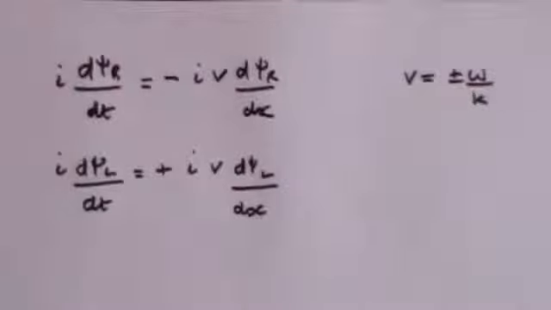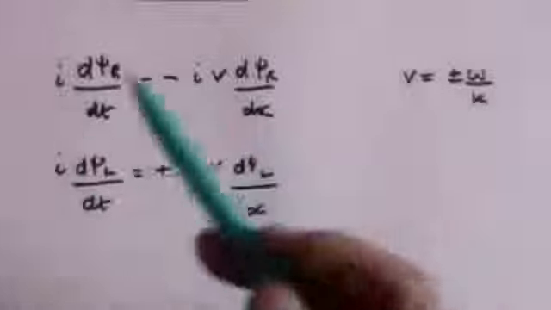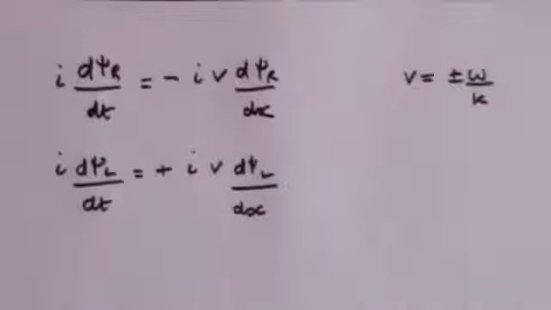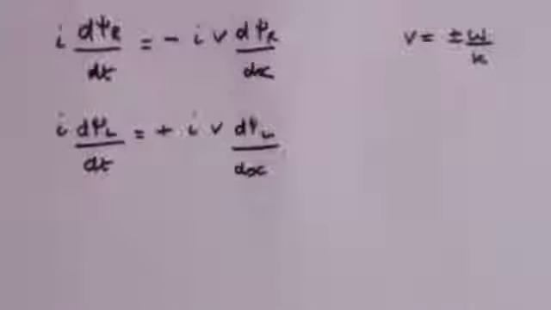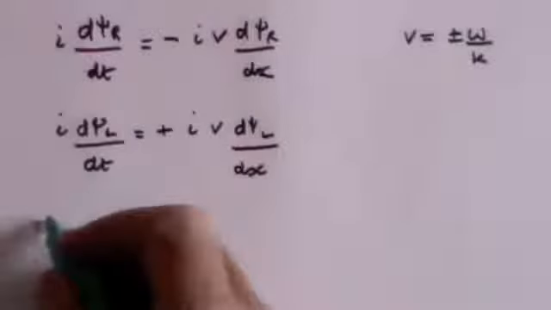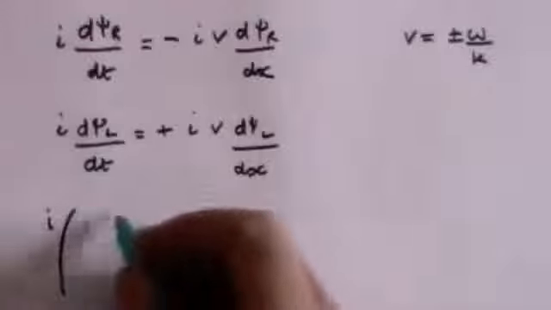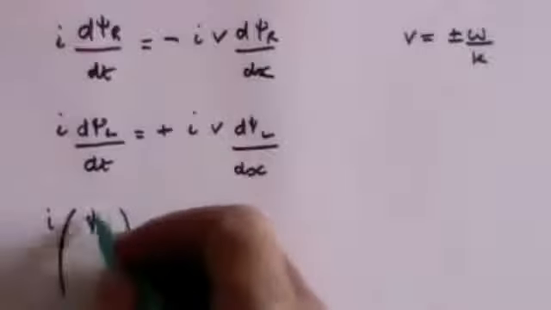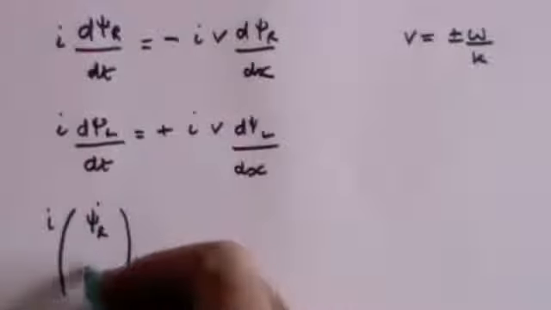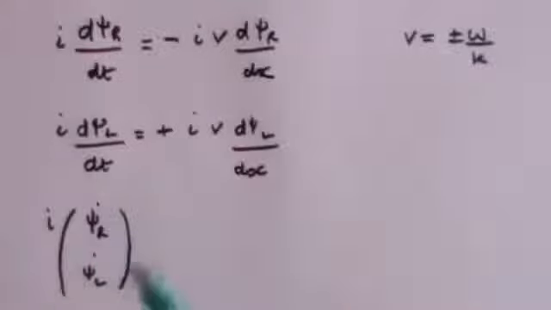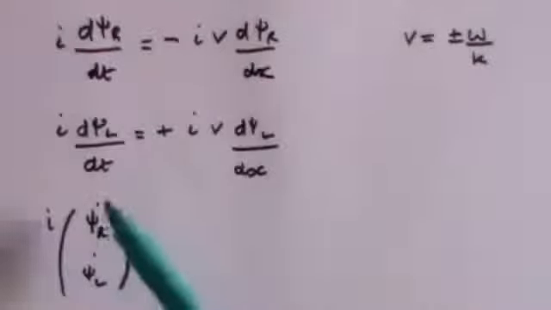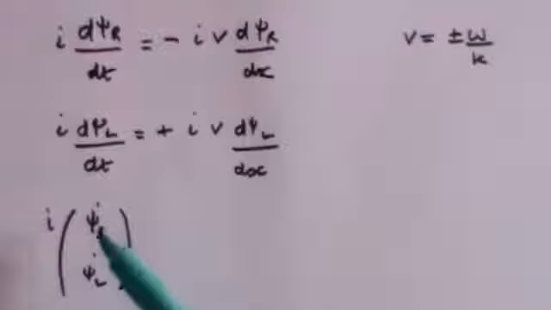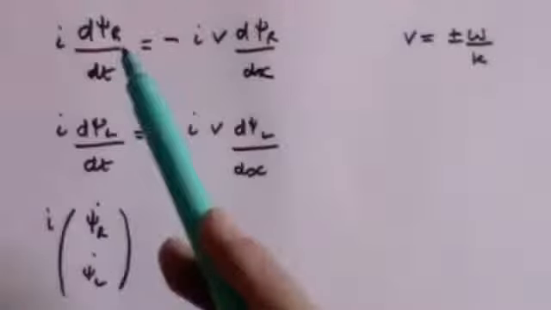Now I can rewrite these two equations, which are as it were simultaneous equations, in the form of matrix and vector by simply saying that that is i into psi right dot, psi left dot. And just a reminder that psi right dot is a shorthand way of writing d psi right by dt.